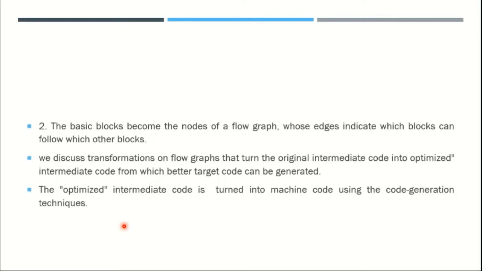Then we branch from basic block 1 to basic block 2 in this manner. So that is the procedure for linking one basic block to another, or one node to another node, in the flow graph.